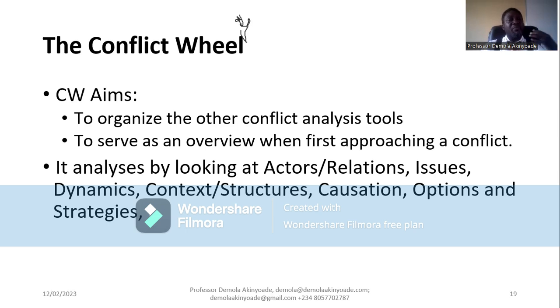After you have mapped the conflict, the next stage is to use the meta-analysis. Based on my understanding of this conflict now, which tool am I going to use to analyze the actors? Which one am I going to use to analyze the issues, and so on?